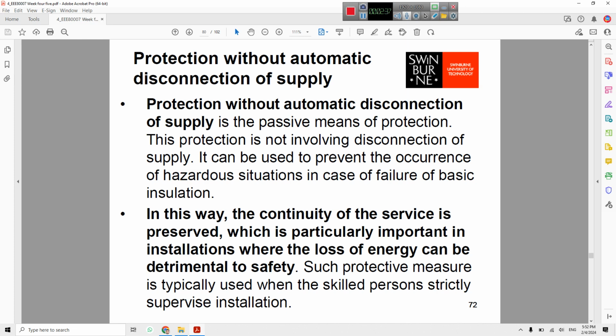In this way, the continuity of service is preserved, which is particularly important in installations where the loss of energy can be detrimental to safety, such as hospitals or chemical companies. That one is not related to safety, but really wastes a huge amount of money.